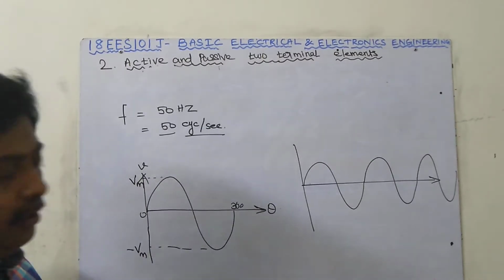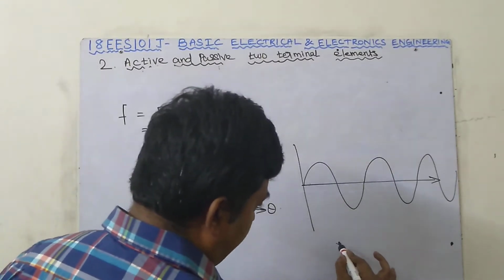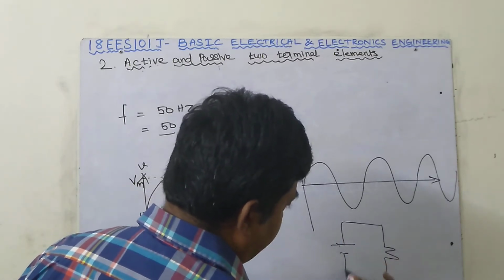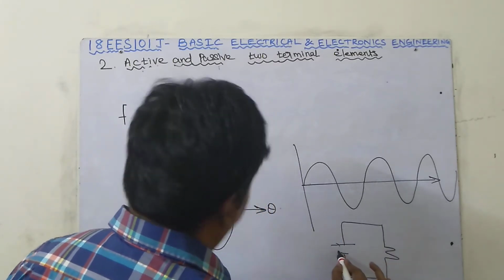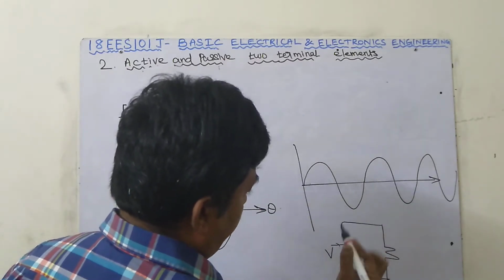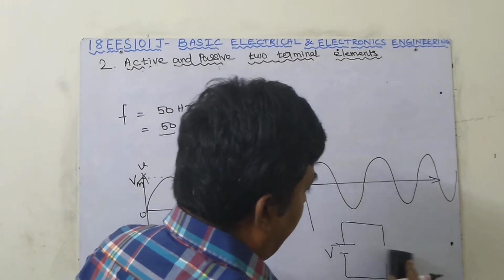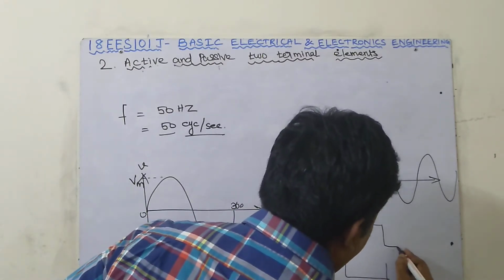Suppose I take a small example. I am giving a DC supply to this circuit. This is an active element, which is nothing but a voltage source. This is a passive element; instead of the passive element, I will go for a lamp, an incandescent lamp.